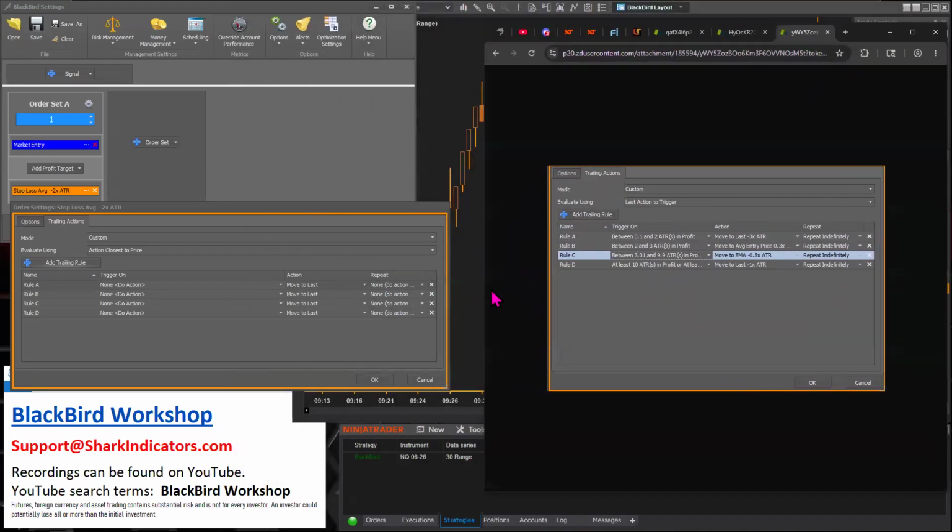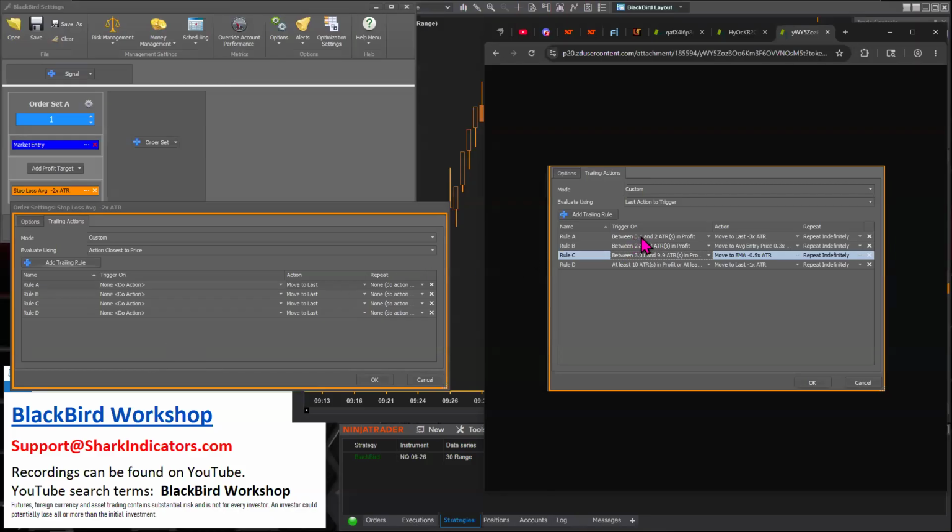Rule A is going to trigger once the trade has at least 2 ATRs in profit. So really, the 0.1 ATR is not necessary for the first one. It's a little overkill.